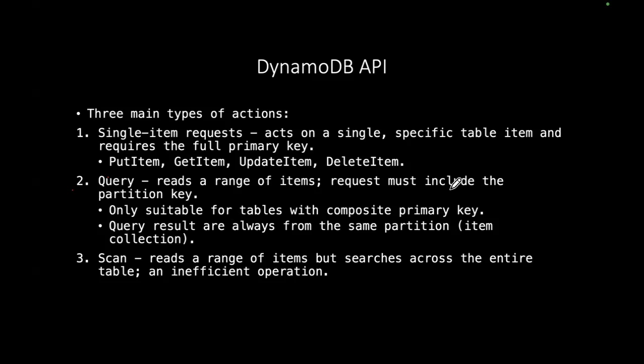I've got this table with a composite primary key, and the only kind of queries you can perform against tables like that are: give me all of the items that have a particular partition key value and the sort key has some other characteristic. You can't extend the query beyond the primary key part of an item. You can't go into the non-primary key attributes.